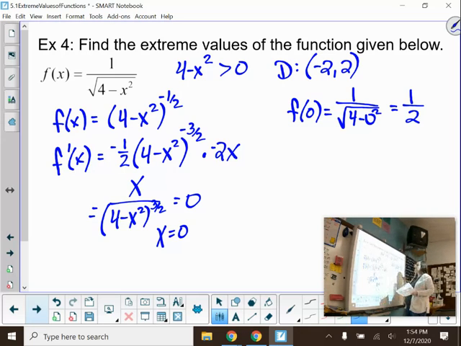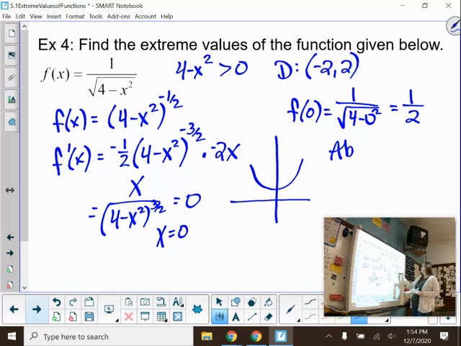If you actually look at this graph, it's going to look something like this, I believe. So this is actually going to be an absolute min. I'm sorry, I even just said min.